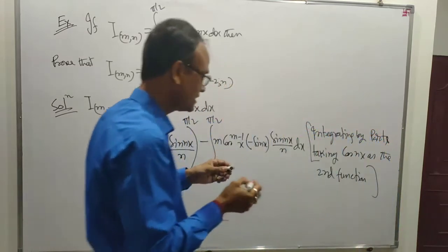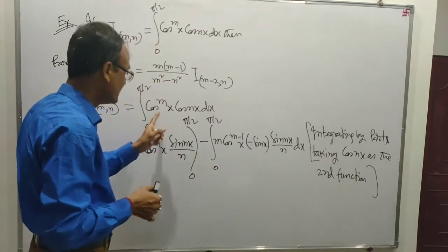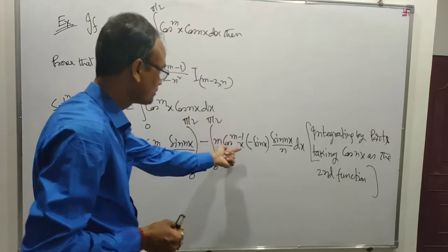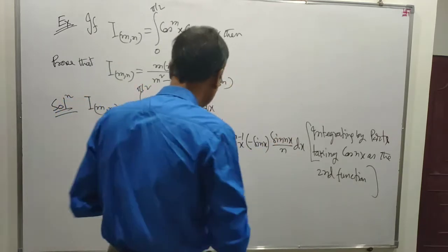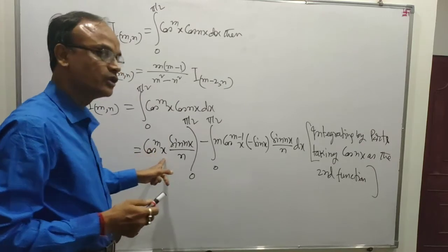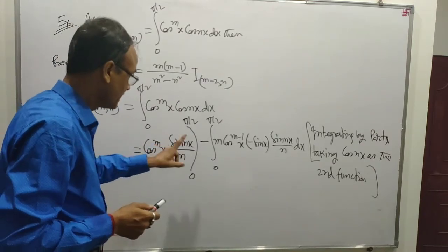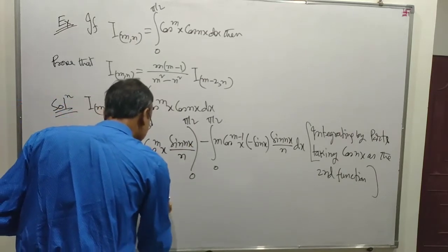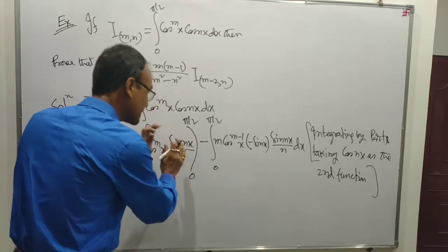Integrating by parts, taking cos nx as the second function: first function into integration of the second function minus differentiation of the first function into integration of the second function. If you put pi by 2, cos pi by 2 is equal to 0 and sin 0 equal to 0, so this is 0 minus 0, no contribution from this term.